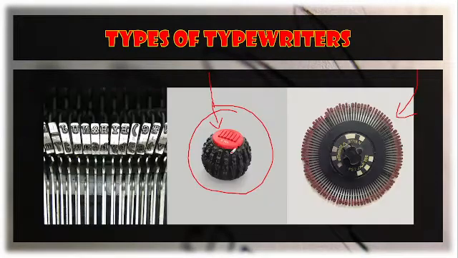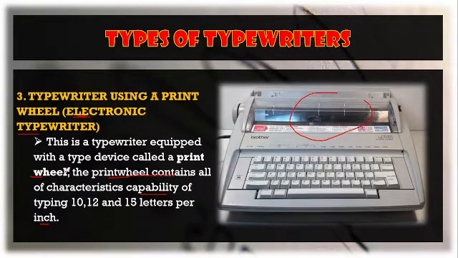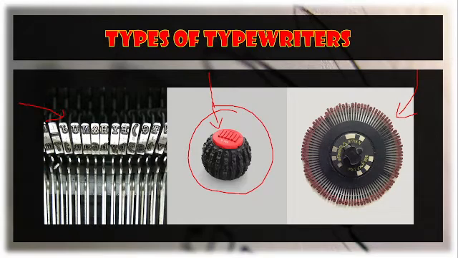It is a print wheel. And this is one of the conventional, or one of the older types of typewriter, installed in older typewriters. Okay, so we have here the Typeface as well.